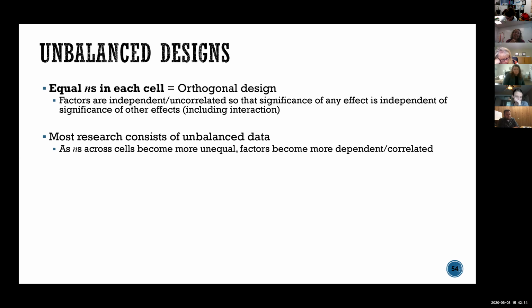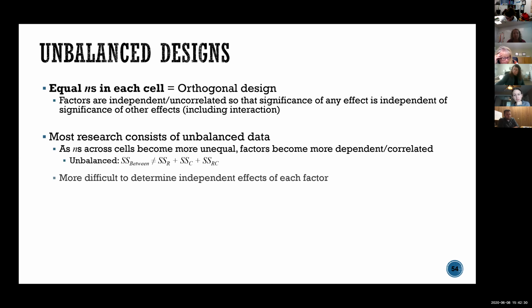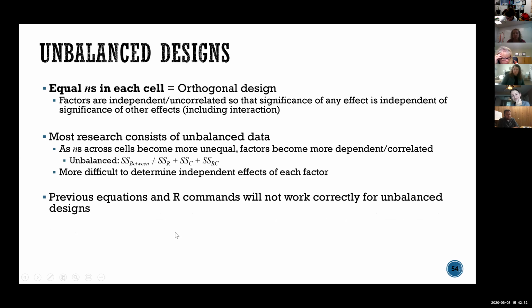The more unequal the group sizes are, the worse this dependence or correlation of factors ends up being. The imbalance makes it so those sums of squared don't add up to the sum of squared between. It makes it more difficult to do the work, but R handles it beautifully.